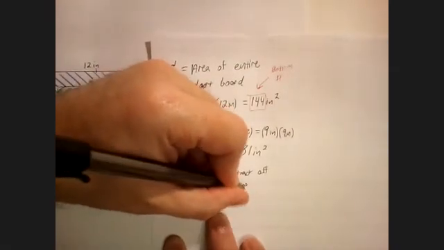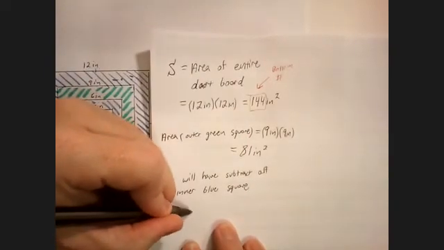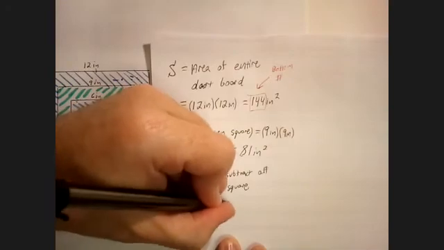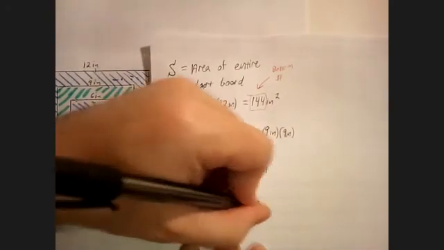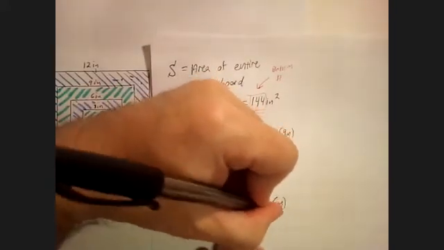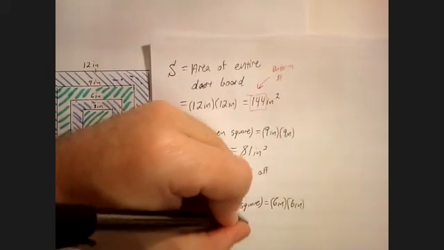Okay. So the area of the inner blue square is 6 by 6, so 6 inches times 6 inches, of course that's 36 inches squared.